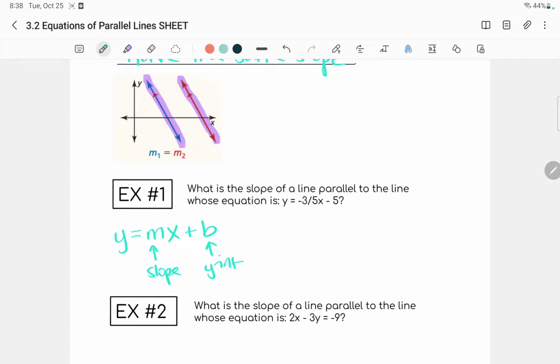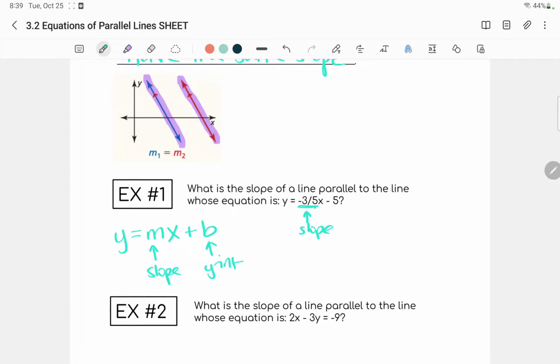So if I know this format, I can easily look at this equation and decide what's my slope. And that's going to be this number, this coefficient, the number right in front of the x. So negative 3/5 is my slope. Again, this is in slope-intercept form.